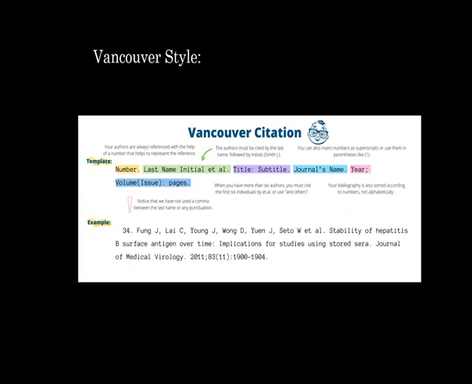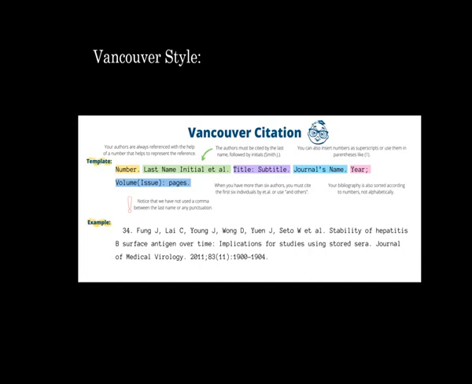Then we will write the title. As far as the title is concerned in our study, it is the prevalence of self-medication in medical students. This is the title. And if there is any subtitle, we will also include that. And then the journal name, for example, the Journal of Medical Virology.